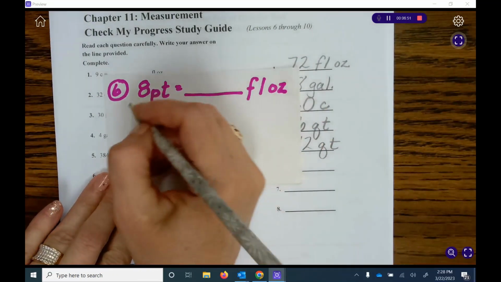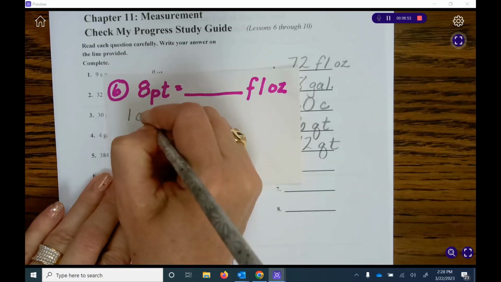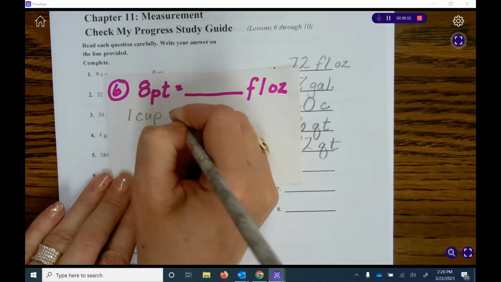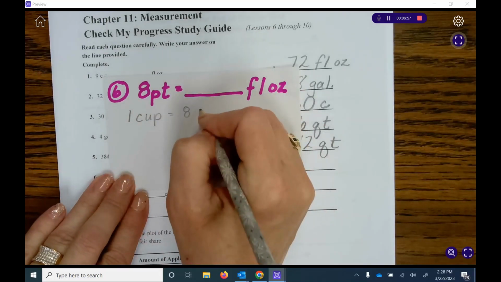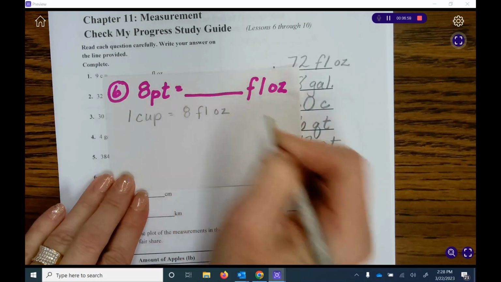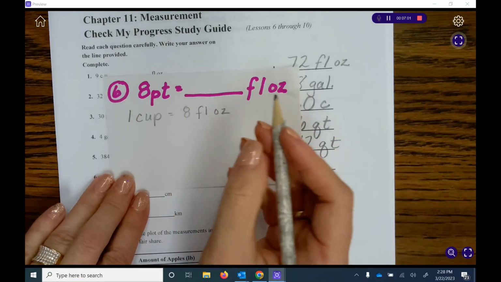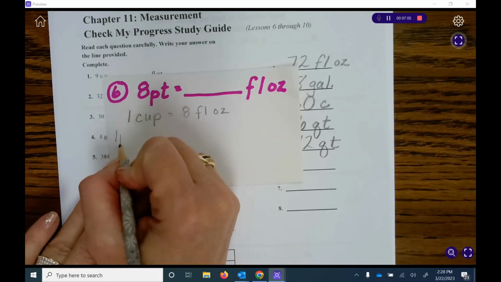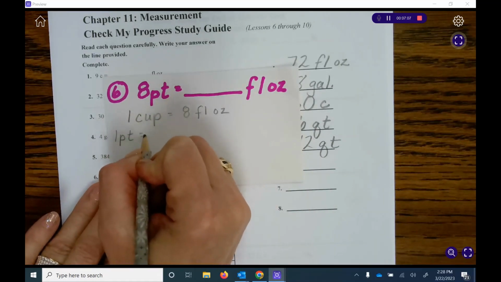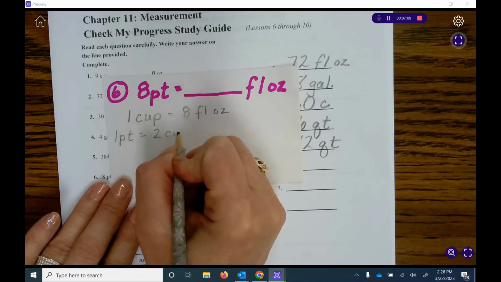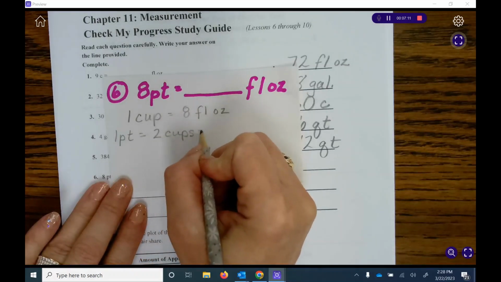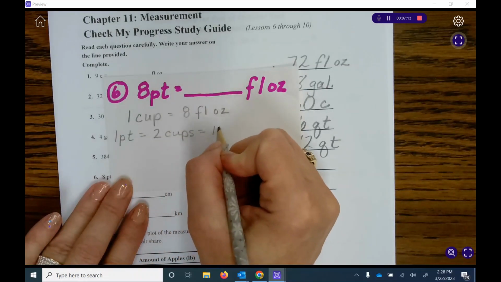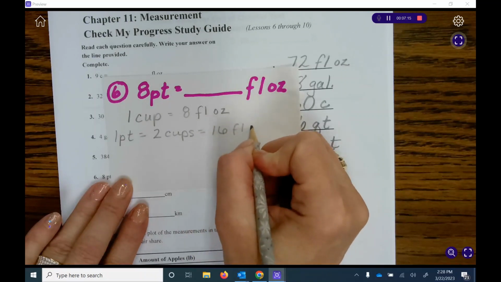We know that 1 cup equals 8 fluid ounces. We know that 1 pint equals 2 cups, which equals 16 fluid ounces.